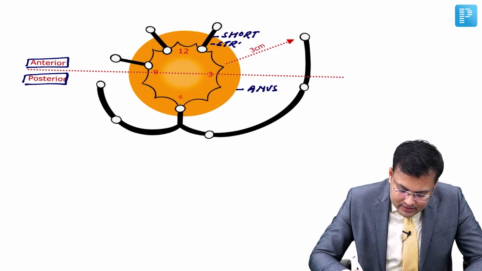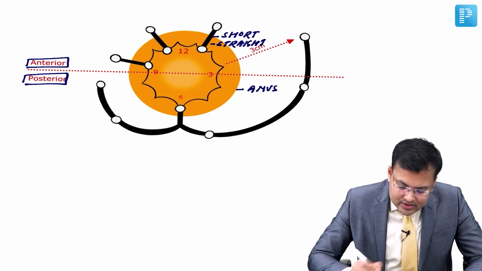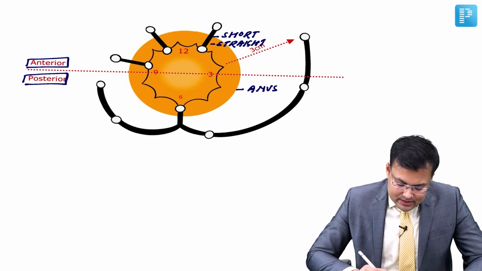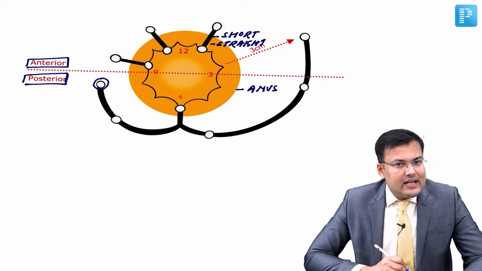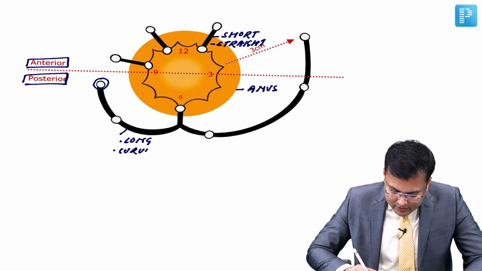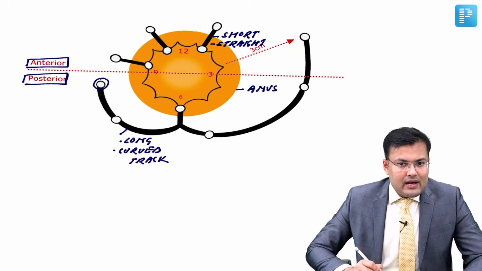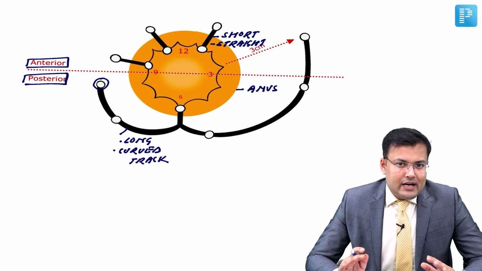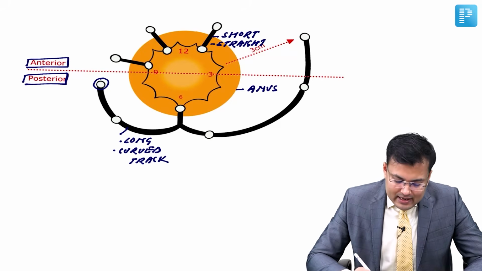Can you see here? Short straight tract. And the posteriorly located external openings are joined by a long curved tract.